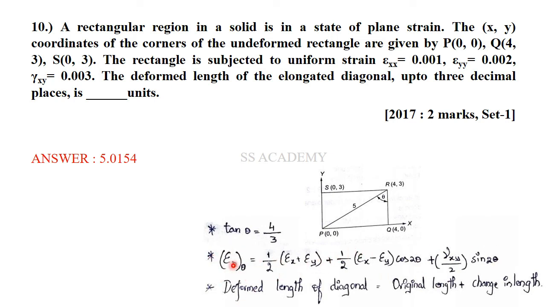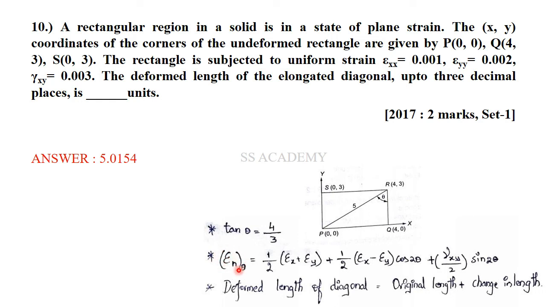Or else, just by replacing epsilon n by sigma n and gamma xy by 2 tau xy, you can get the equation for epsilon n theta, that is, the normal strain at a plane whose angle is theta. Here you can find epsilon n theta.